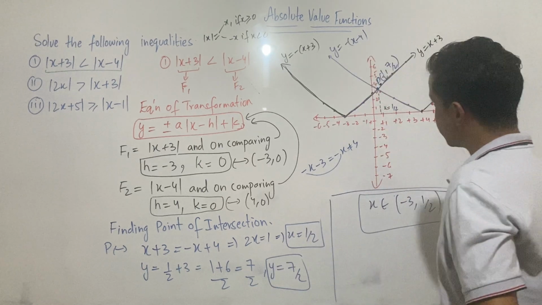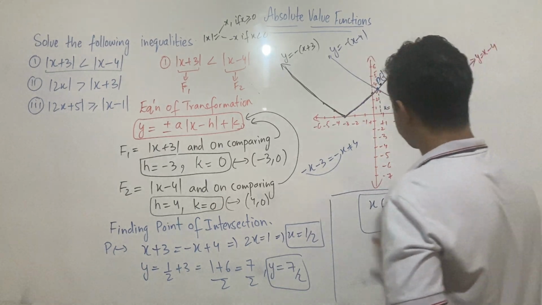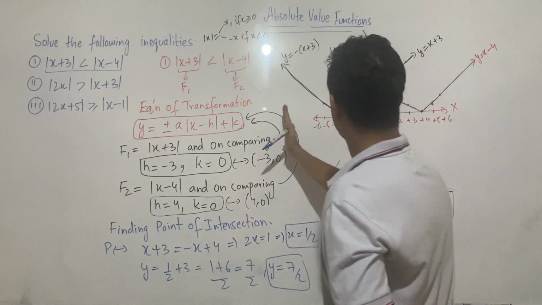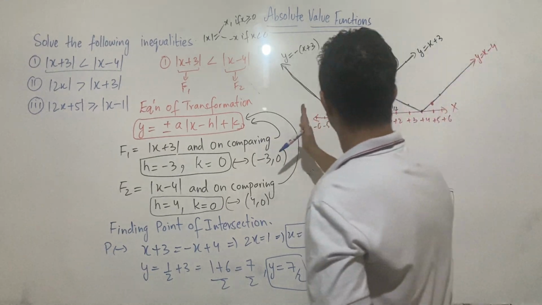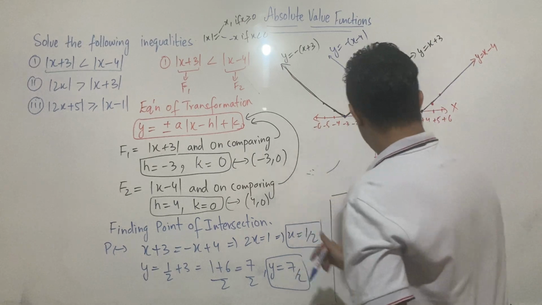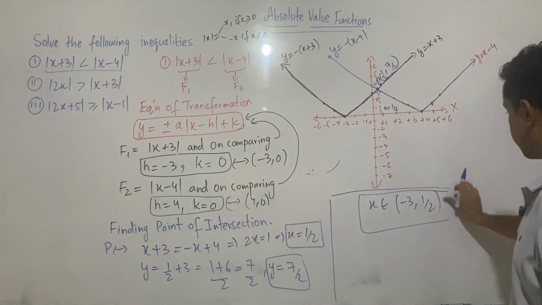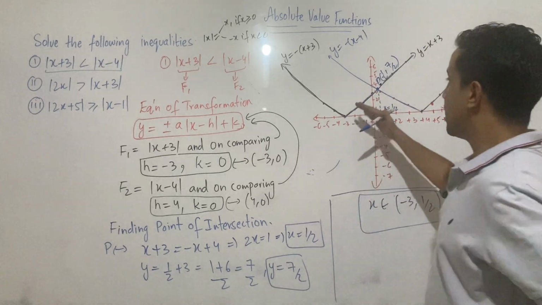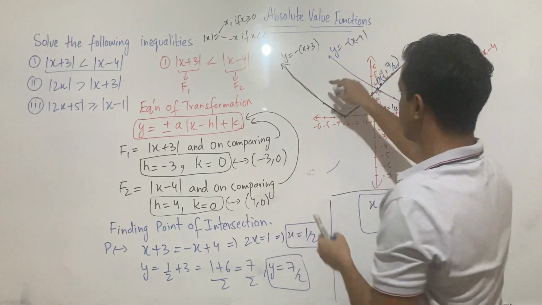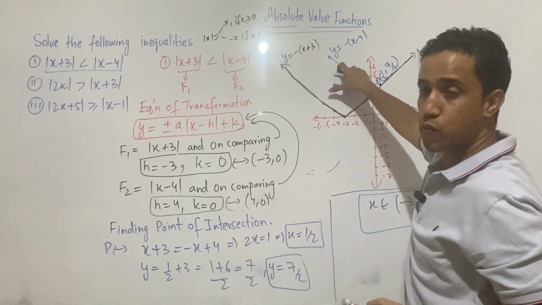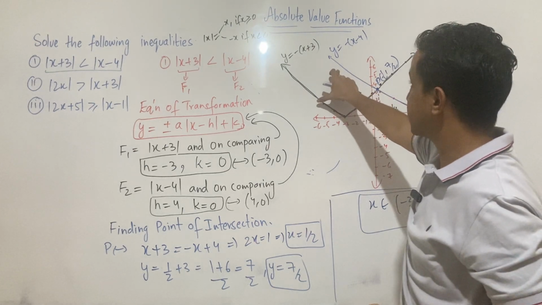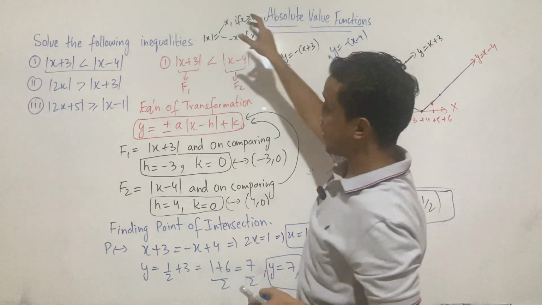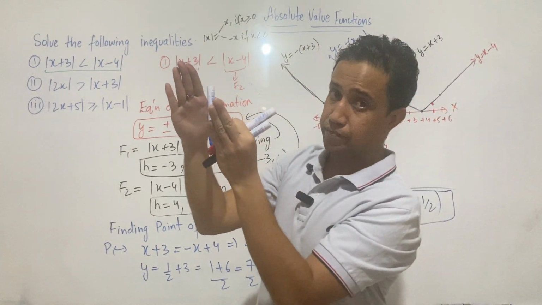So we can say that even for these values, even for these values less than minus 3, they are not going to intersect each other, because if you try to find the point of intersection, it doesn't exist. So it means they will stay parallel.